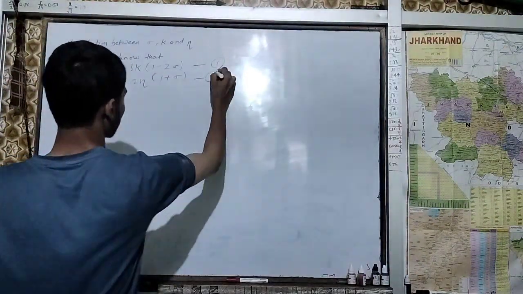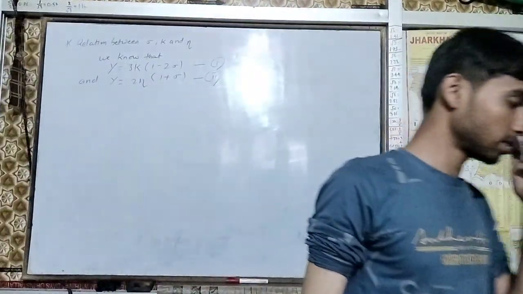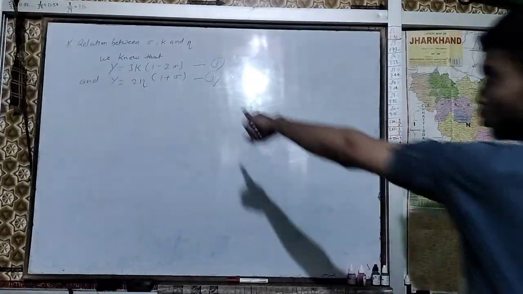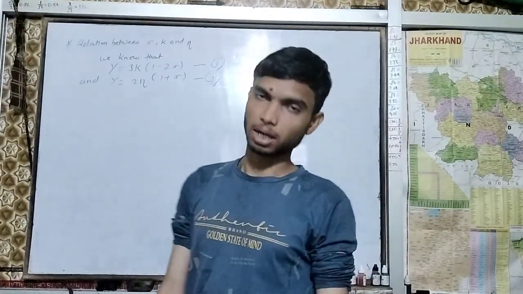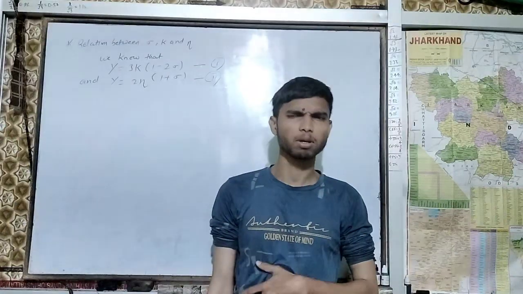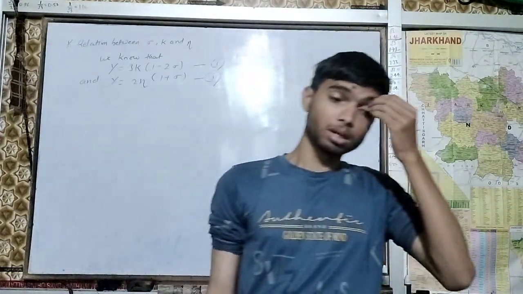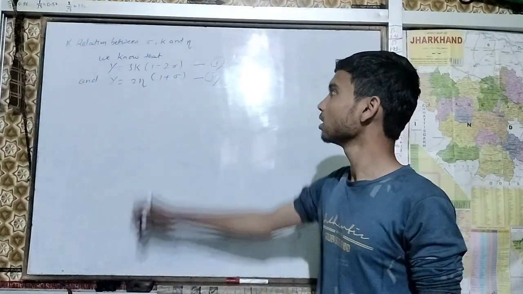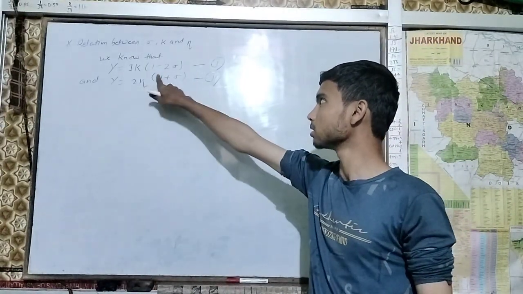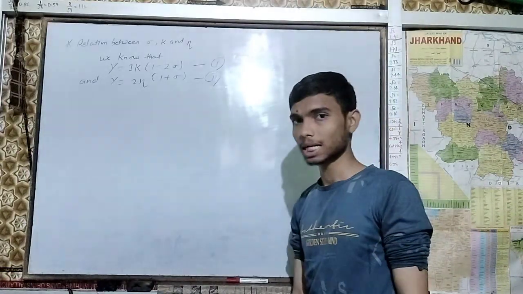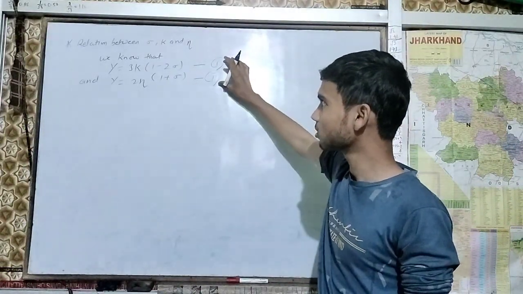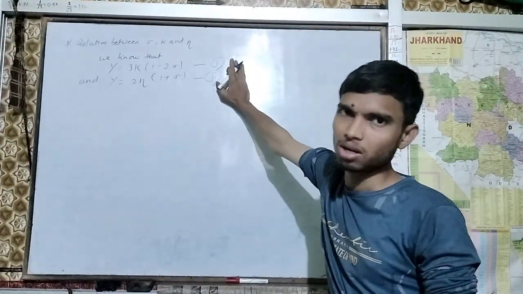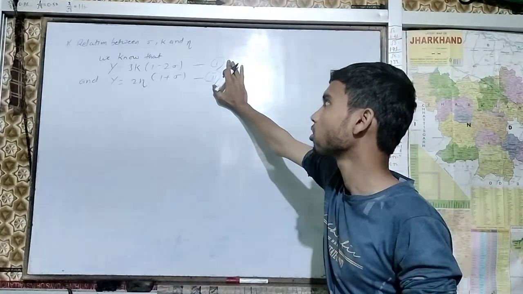This is our second equation. These two relations are compulsory; you have to remember them. I'm not saying to find the relation between them; I'm just saying that if you know these two relations, it will become very easy to find the relation between them.